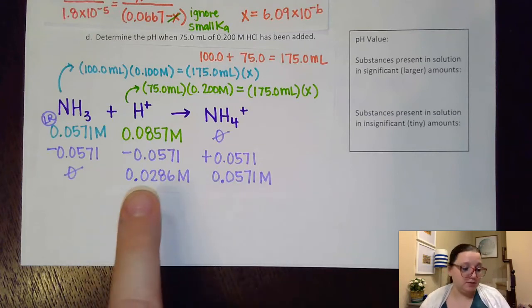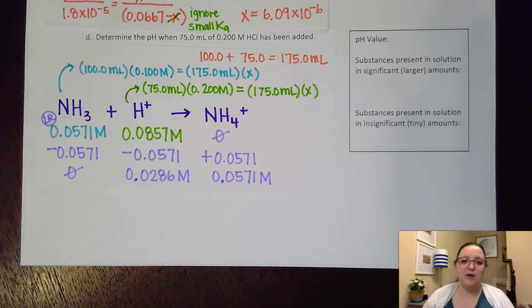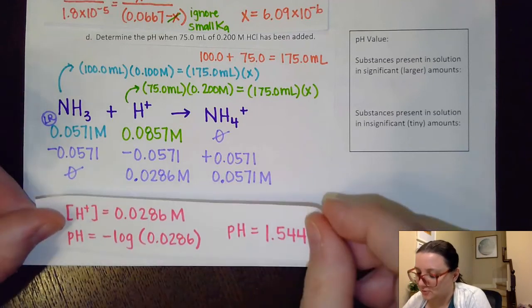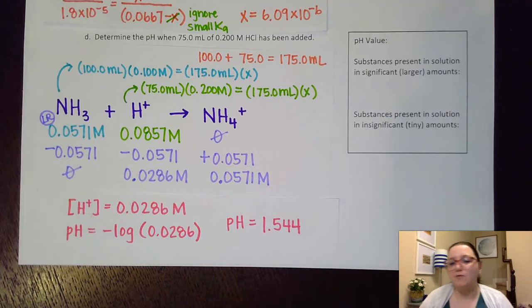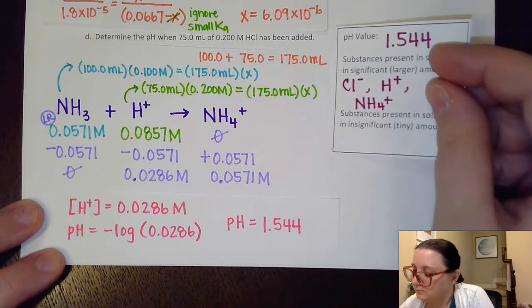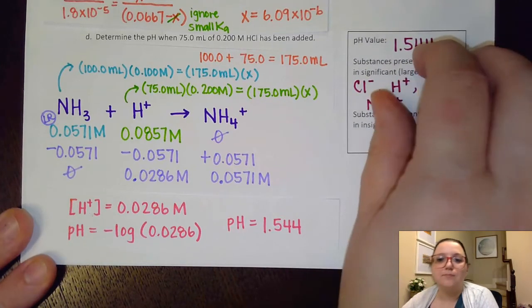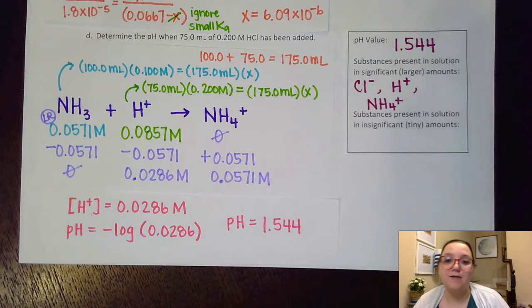So I'm going to focus on this hydrogen right here. And obviously, if I have hydrogen ion and I'm trying to get to pH, I'm just going to take the negative log of that and get my pH, right? And so I see that my pH value ends up being 1.544.